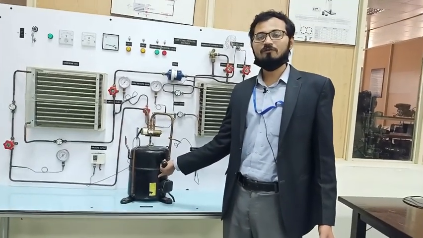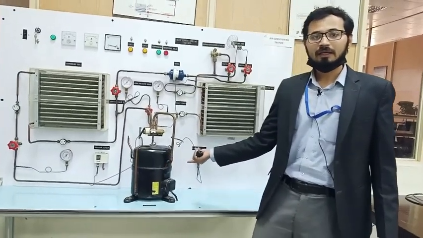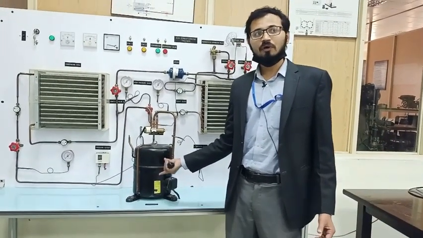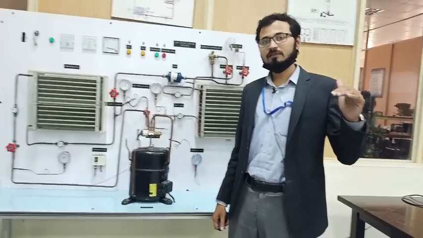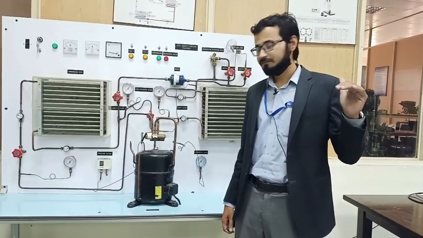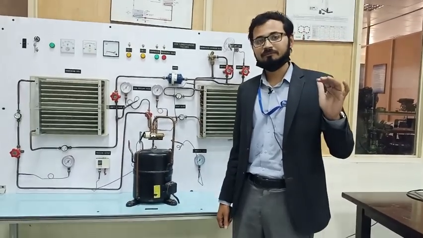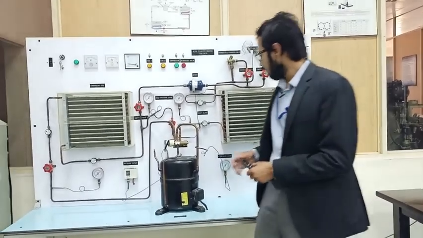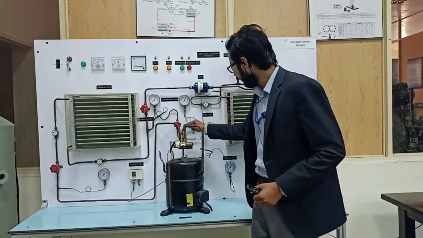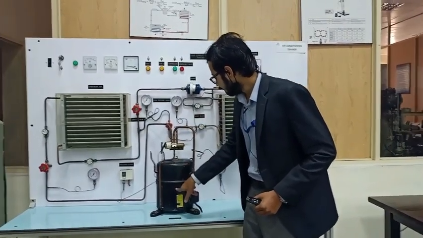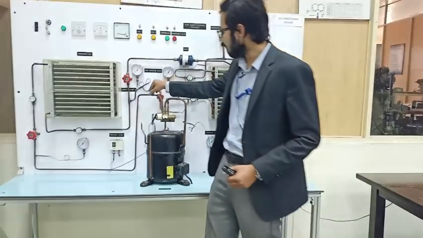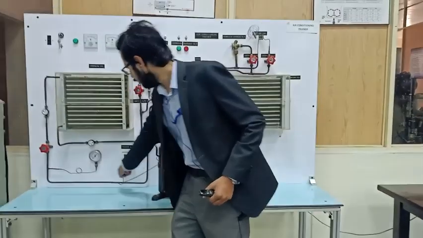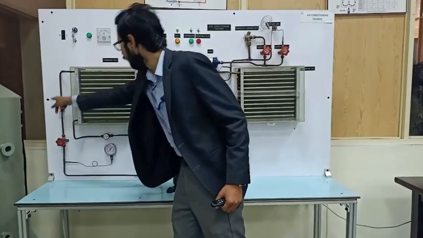It will be consisting of a refrigerant in the vapor form, so it will increase pressure and temperature of the working refrigerant in vapor form. Okay, so this was the input of the compressor, and output of the compressor, you can see through this coil, will go to the condenser.